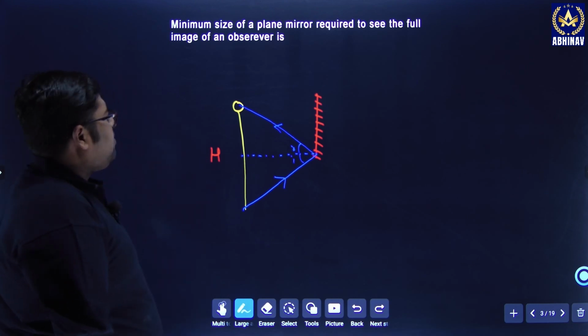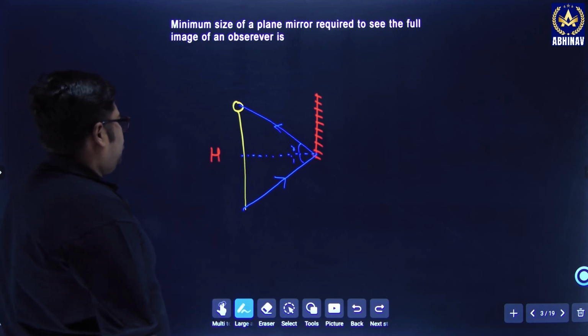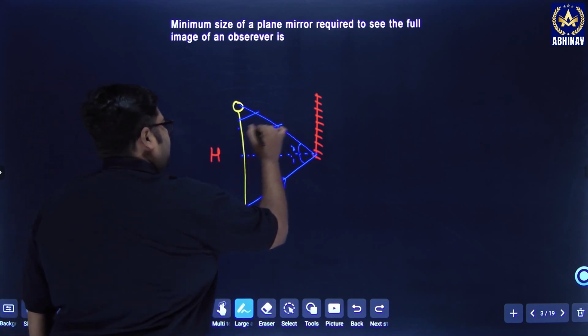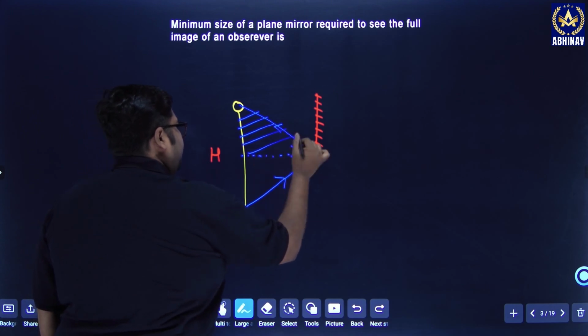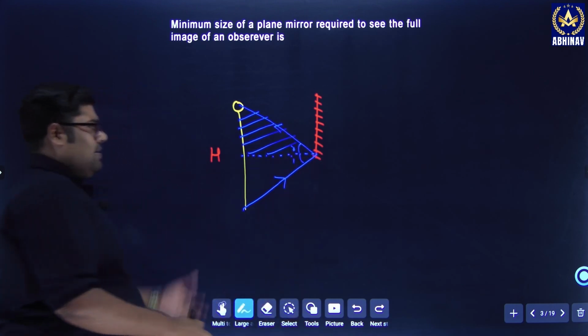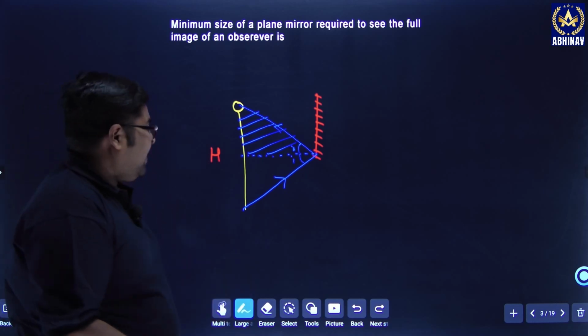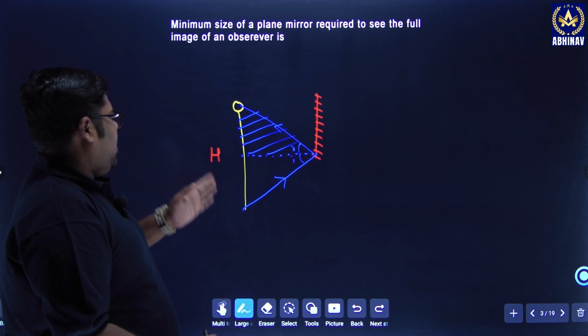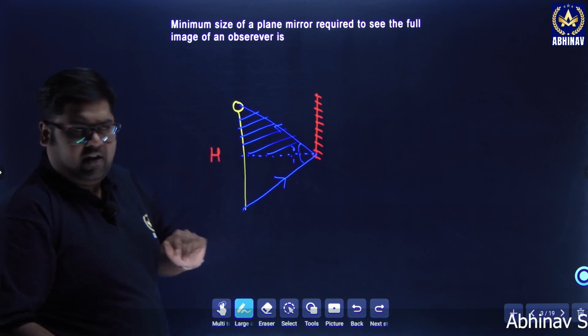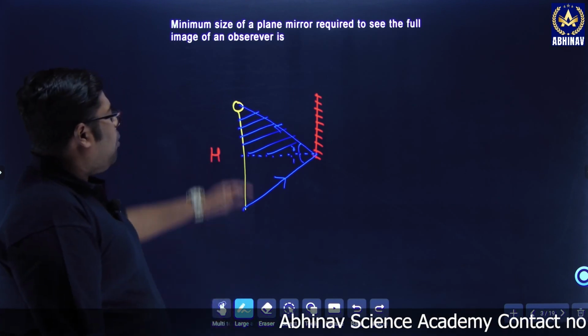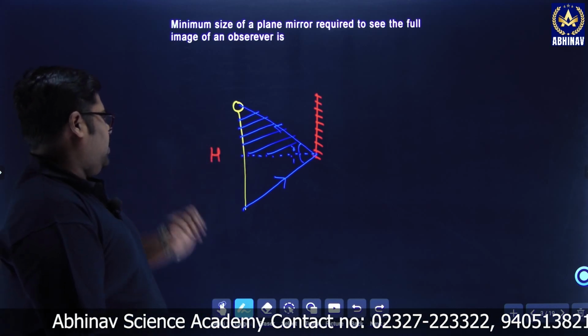So here also you can see these two triangles. Now tell me, simply by looking at them, are these triangles similar or congruent to each other? Are they similar or congruent? So here by the right-hand-side criteria, we can prove that both these triangles are congruent to each other.